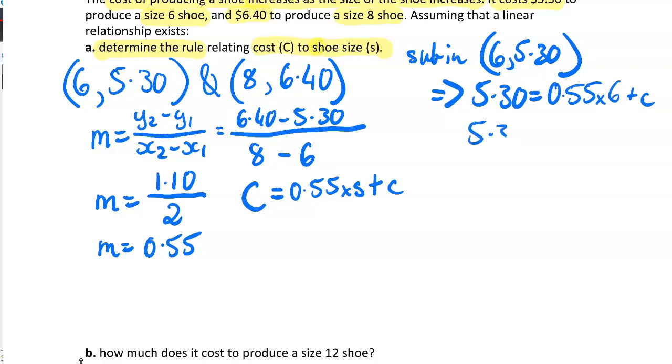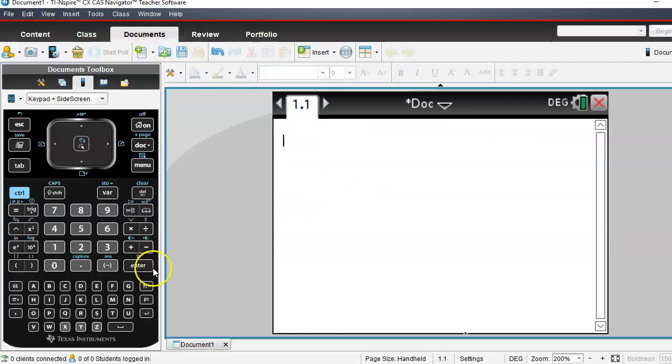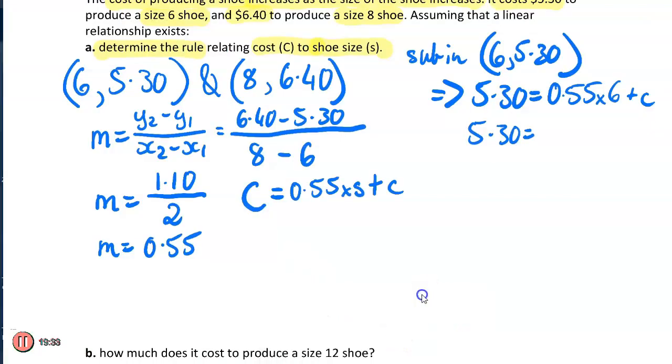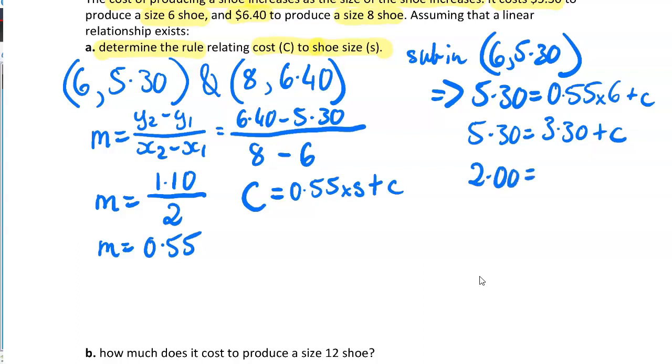Now I'll use my calculator to help me here, so I have it correct. Times by 6, that's $3.30, plus C. So I have to subtract both sides by $3.30. So that gives me $2.